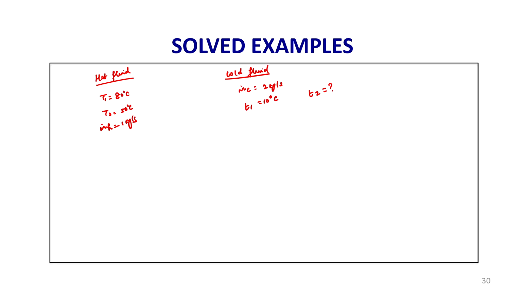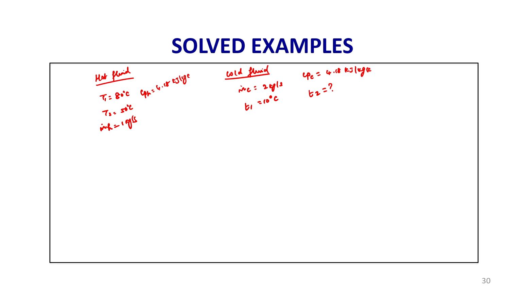That means Cp of the hot fluid is 4.18 kilojoule per kg Kelvin, and the Cp of the cold fluid is also the same, water Cp. If the fluids are different, we should know the Cp value, we cannot take 4.18. If it is air, we can take 1.005.